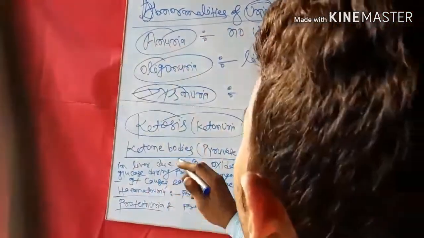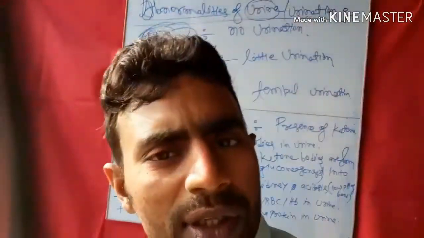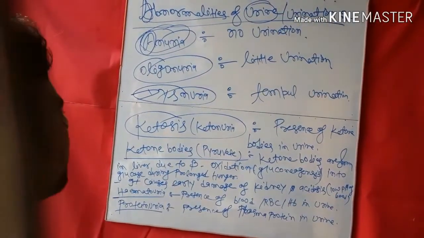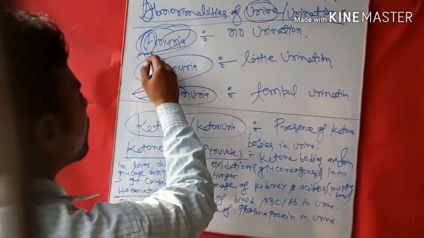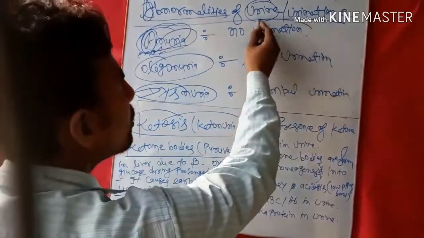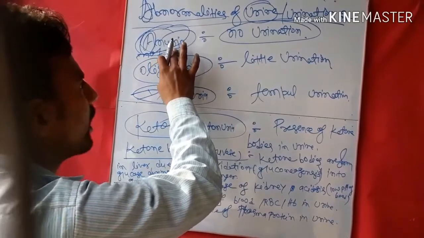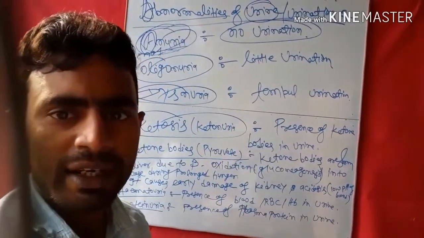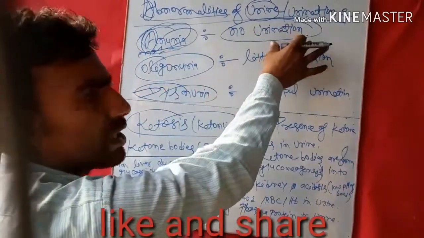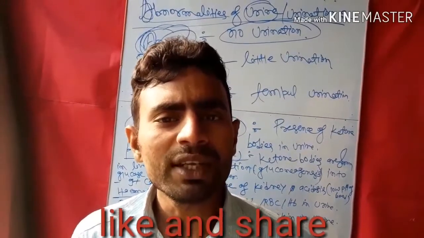Okay, first point is anuria. A means not, so anuria means no urination. In anuria, urination does not happen.